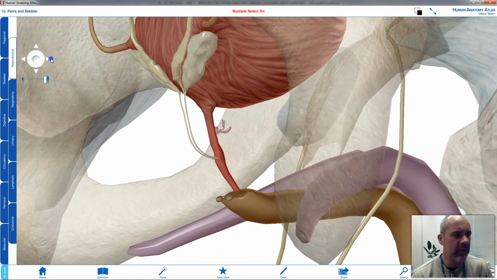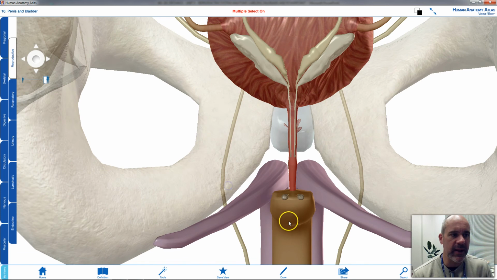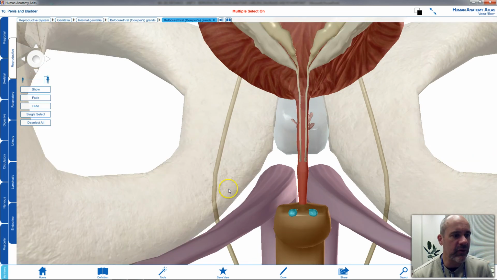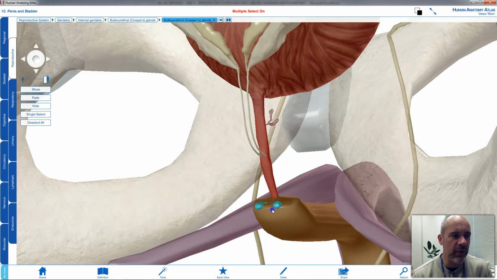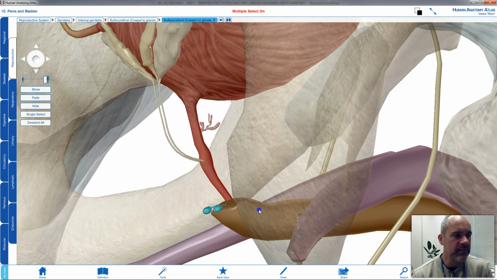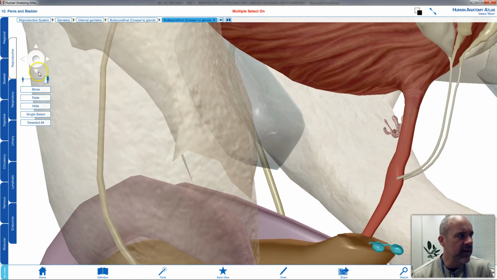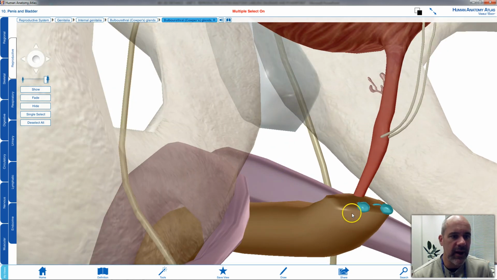All right, a couple of other structures to show you on here, and it's easier to see on Visible Body than it is over in the textbook usually. Those two little bitty structures you see right there, each of those is a bulbourethral gland. If we zoom in here, you can see each of those has a little tiny duct on it, and those ducts actually connect.